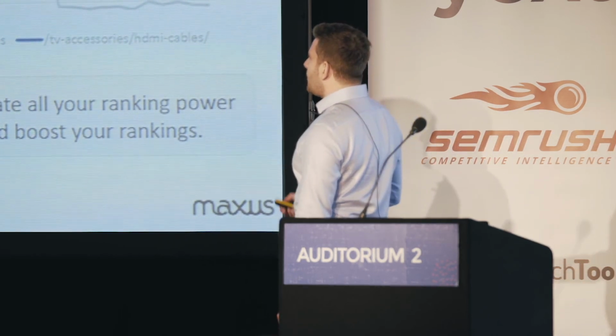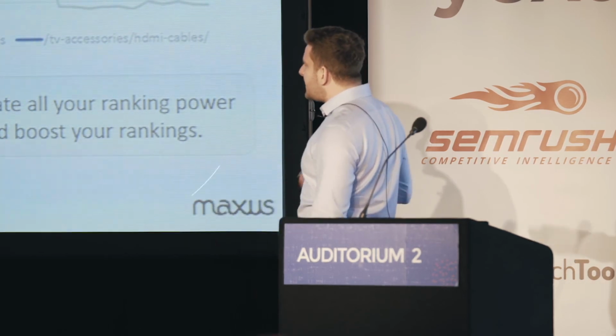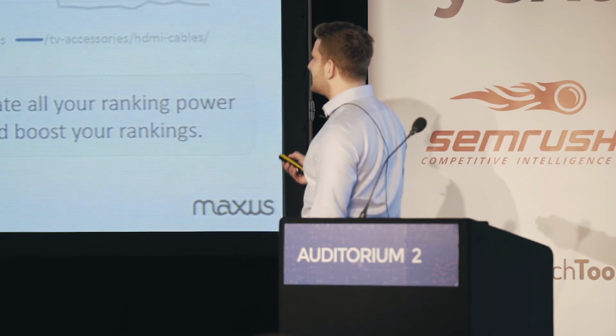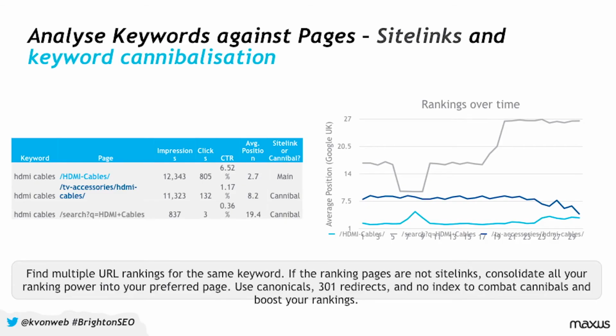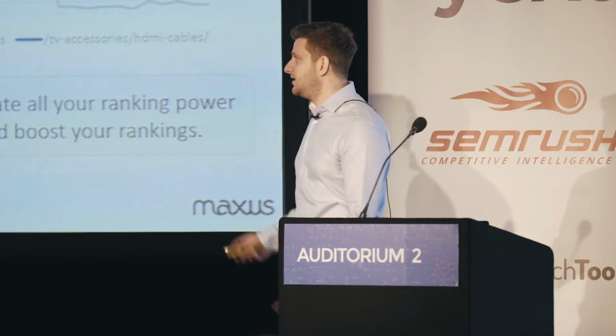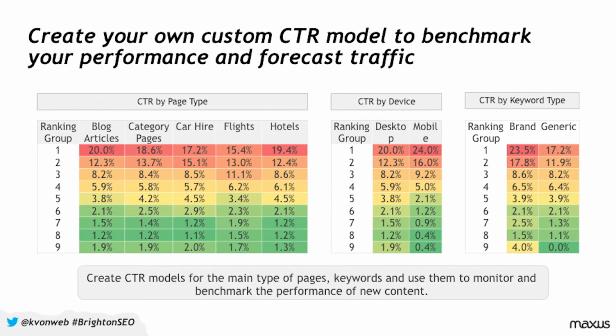And when you find things like this, what you really need to do is either change the canonical tags of those pages to point to your main preferred landing page, or 301 redirect everything into what you consider to be the page that you want to see.